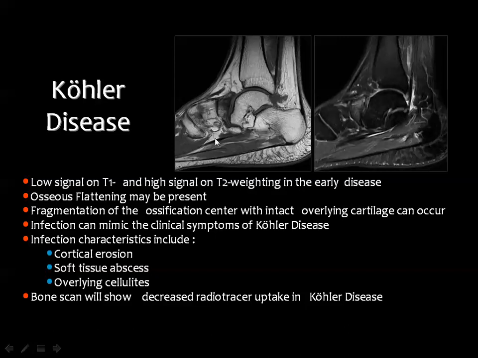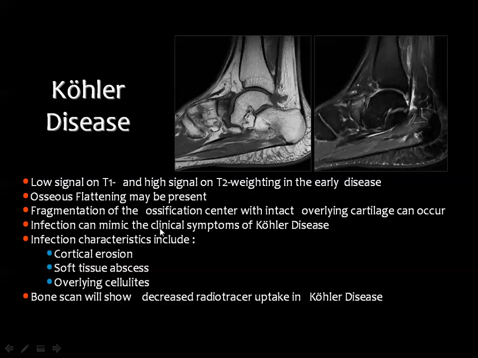On MRI, you get flattening of the bone, and before flattening, you get bone marrow edema, similar to stage 1 avascular necrosis of the talus, which is of low signal in the T1 and high signal in the T2.